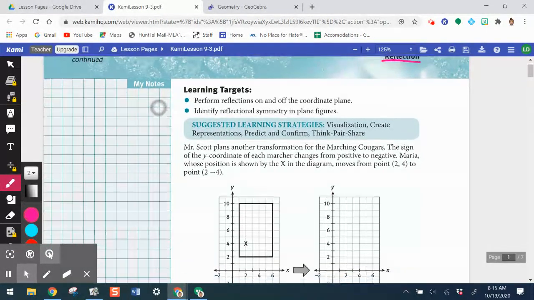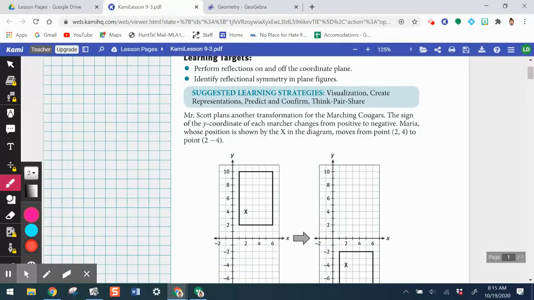Let's take a look at our learning targets. Let's annotate those. We're going to perform reflections on and off the coordinate plane. In the last lesson, we looked at GeoGebra, exploring those translations off the coordinate plane, and saw some characteristics that we also saw on the coordinate plane.